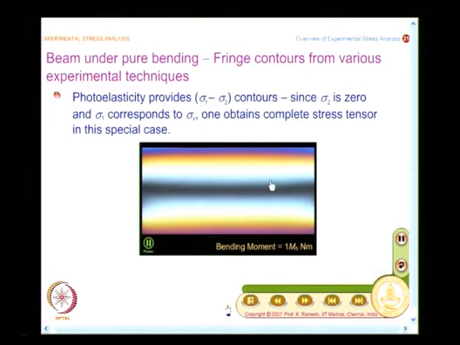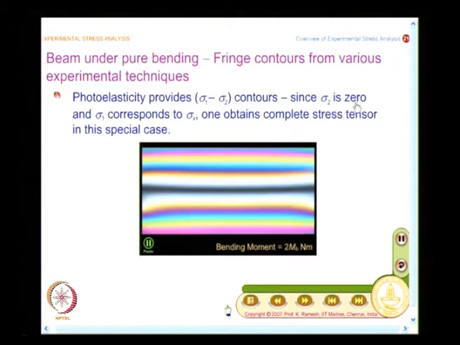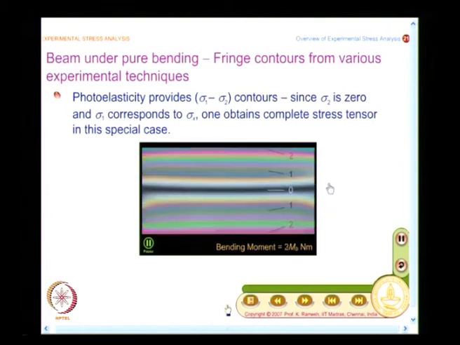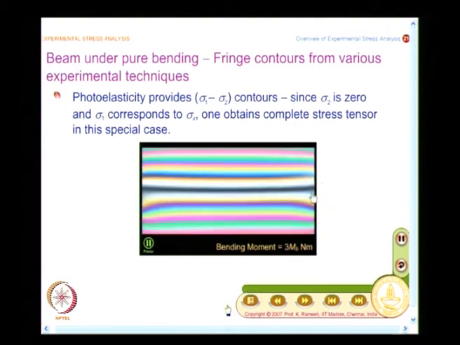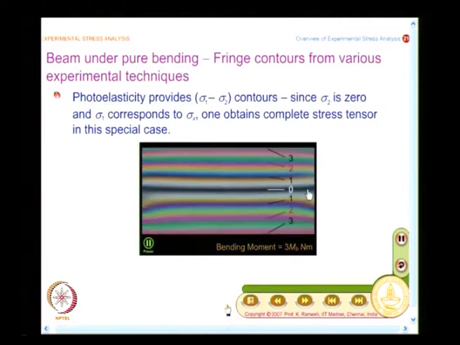In the bottom half of the beam, sigma 1 corresponds to sigma x and sigma 2 is 0, and sigma 1 minus sigma 2 contours appear horizontal. You see some deviation from a straight line in this zone because this is closer to the load application point in the experiment.